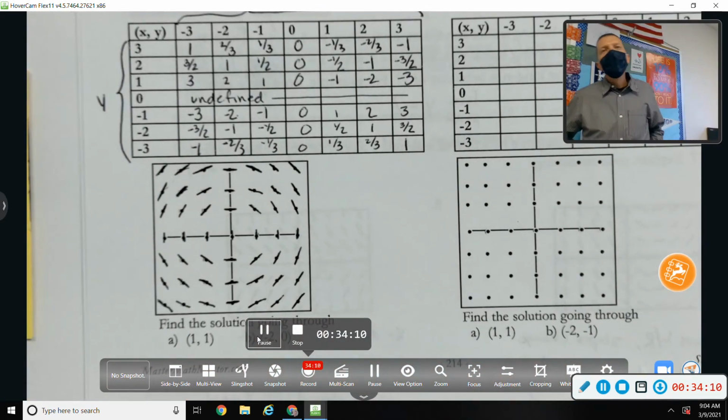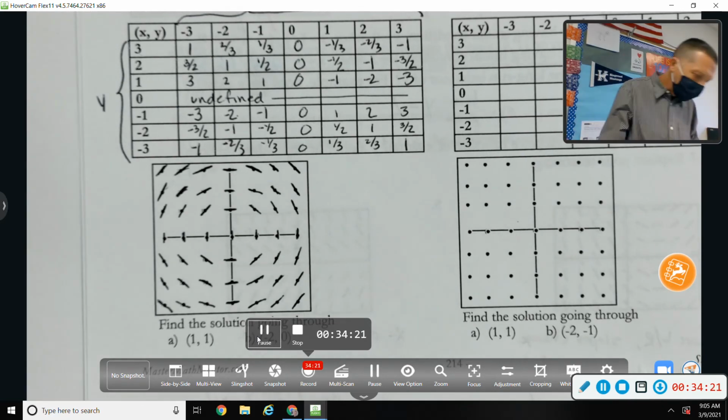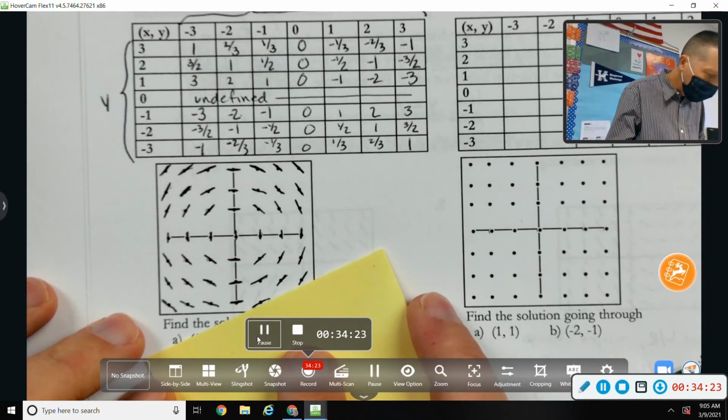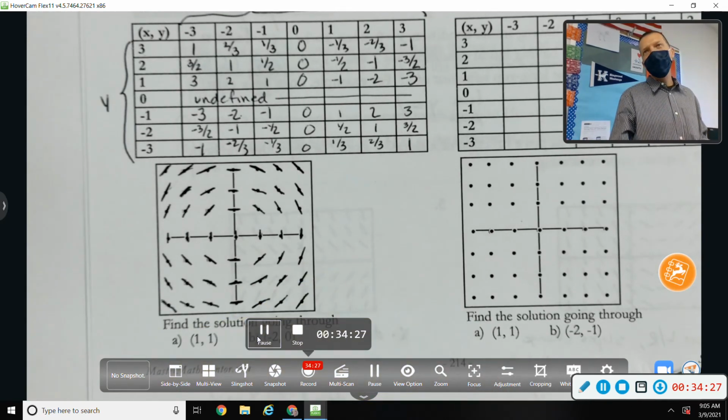Now, on the test, I am not getting a ruler out and checking all of those. I'm going to take a glance at it and say, oh, the pattern is right. They're right. I'm not getting out a ruler and saying, oh, well, that was supposed to be 1/3, but that looks like 1/4, so I'm going to take off a point. Like, no, I'm not. I don't have the time to do that, and that's not the point of these.